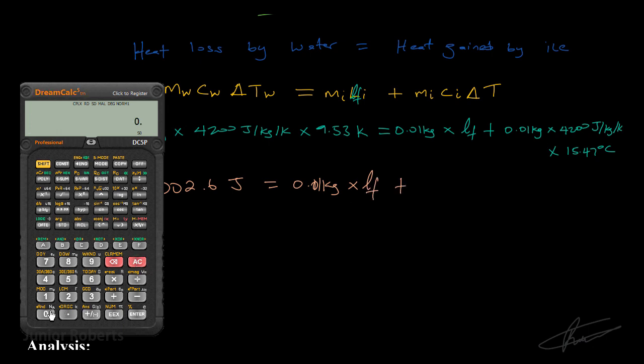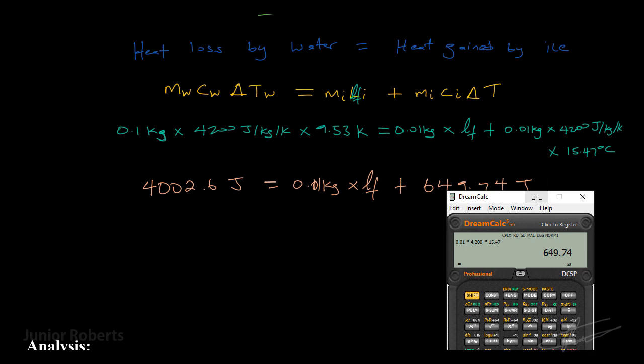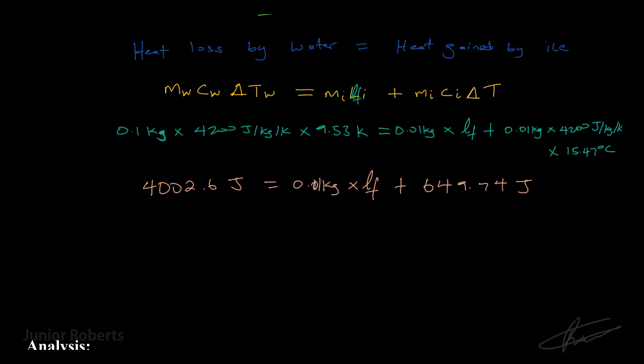So we say 0.01 multiplied by 4,200 multiplied by the change in temperature, which is 15.47, and this works out to be 649.74 joules.